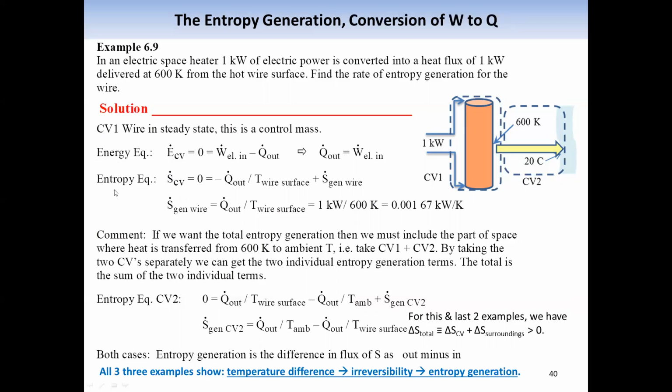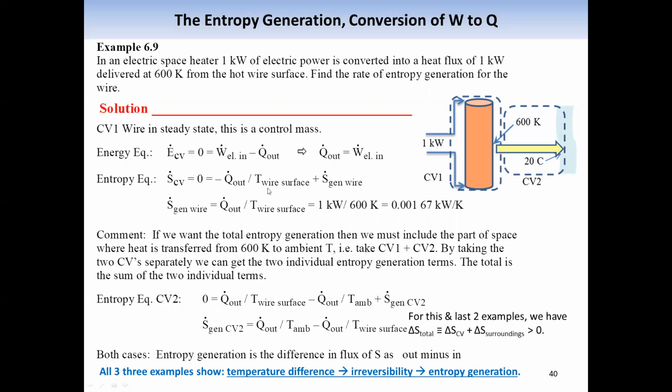If we look at the entropy balance equation for control volume number 1, in the steady state, the control volume rate of entropy change is 0. On the right, we have one term associated with heat transfer out of the heating element, that's this term, plus the entropy generation rate.